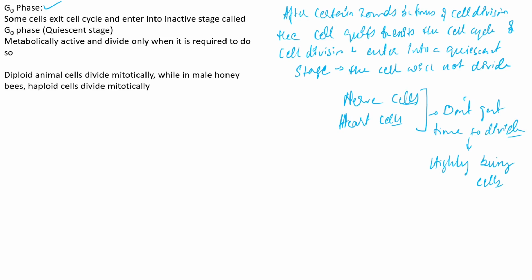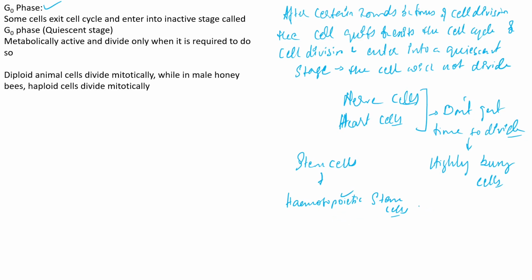But on the contrary, some cells stop dividing for a moment of time, but they can get back to the cell cycle phases. For example, stem cells. If I have to point out one specific type of stem cell, it is called the hematopoietic stem cell.